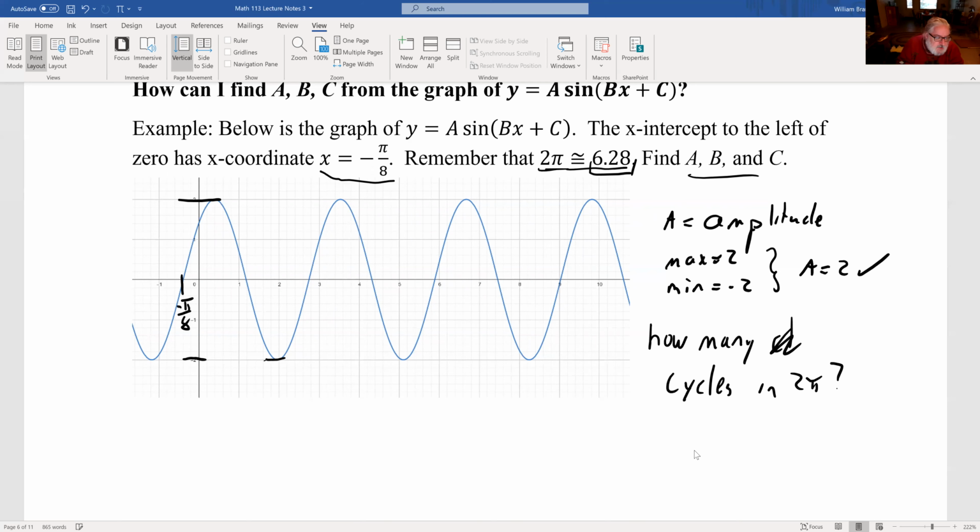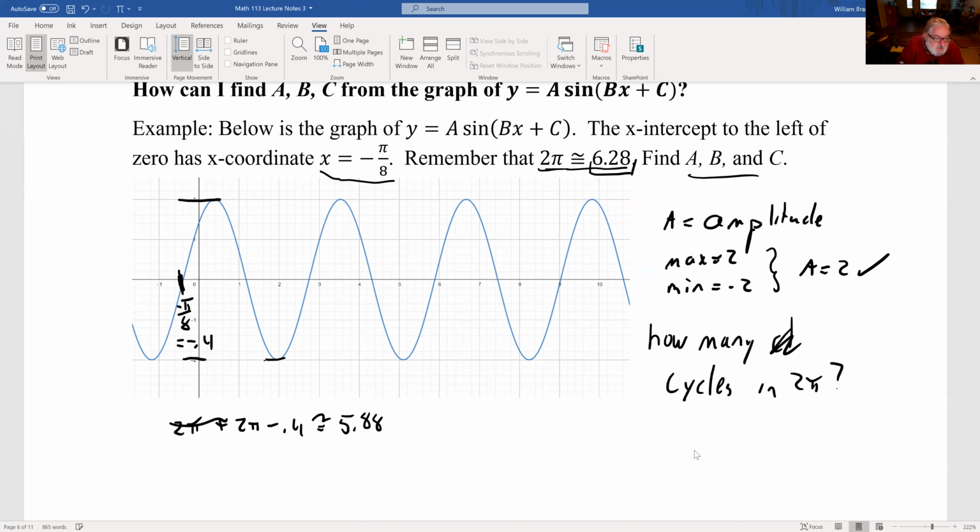Well, if we're starting here, this looks like it's about minus 0.4. So 2 pi minus 0.4 is going to be about, if it's 6.28 minus 0.4, 5.88.